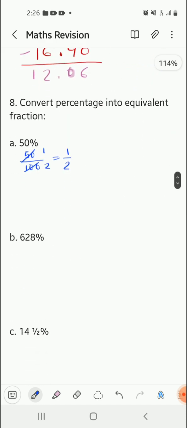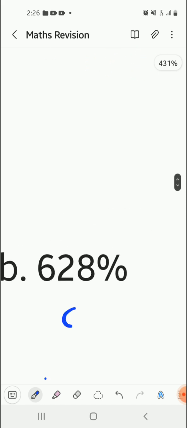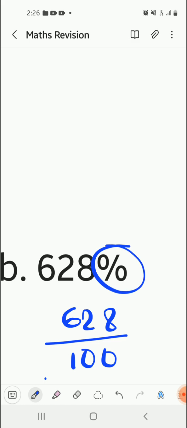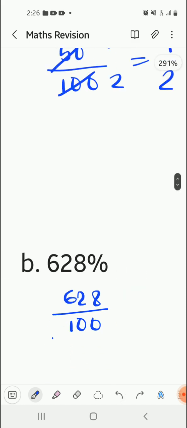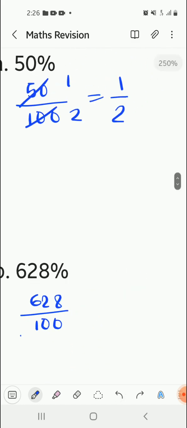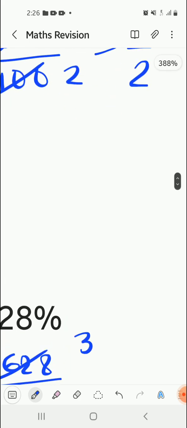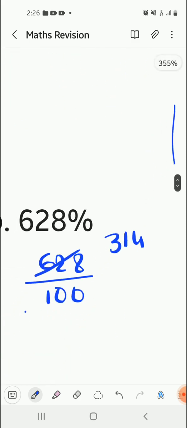Moving on, number B, 628%. So 628 divided by 100, because there is a percentage sign. Now you can see 628 divided by 2, we get 314. 100 divided by 2, we get 50.